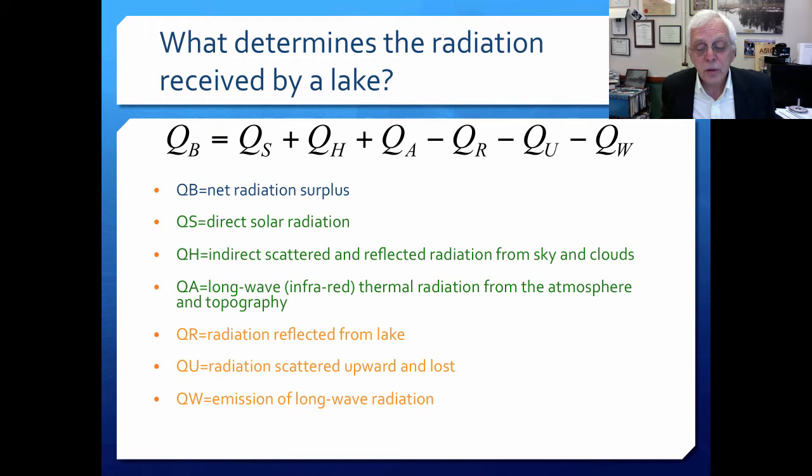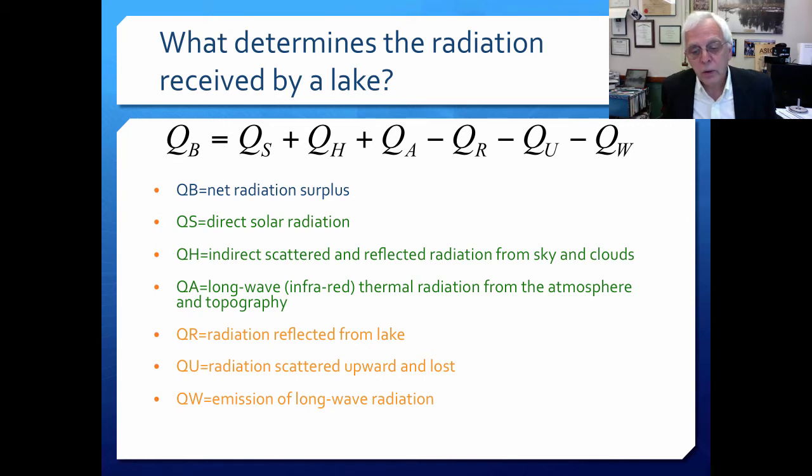As the light passes through the water, there's a backscattering and upward loss of radiation. And then, of course, there's a loss of radiation from the emission of long-wave radiation, essentially the equivalent to Q sub A above, but from the water. So there is a loss of that radiation away from the lake.